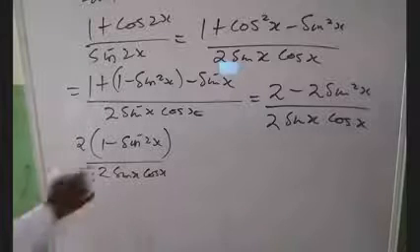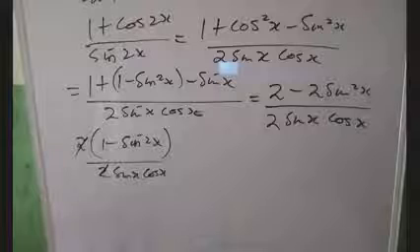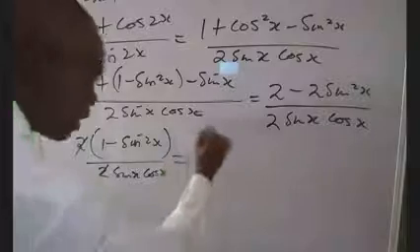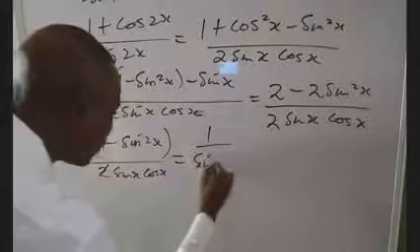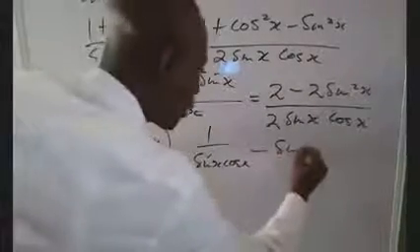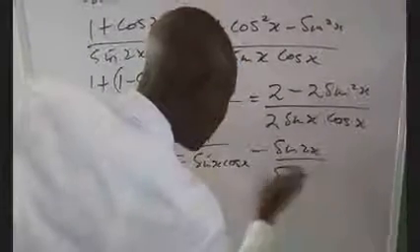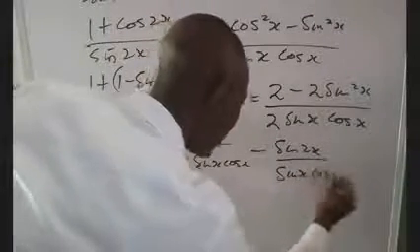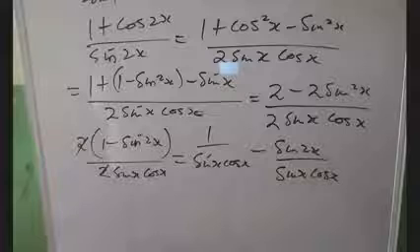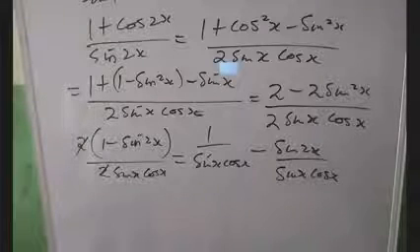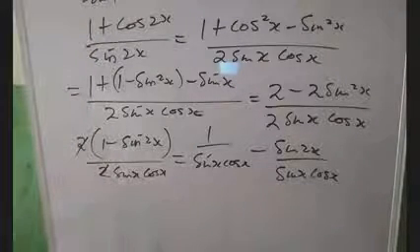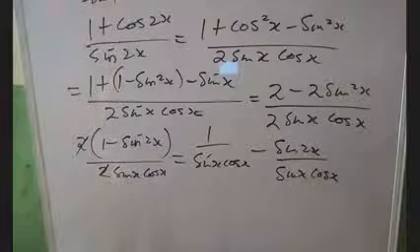So 2 can cancel 2, and then we have 1 over sine x cos x, then the other one will be minus sine square x over sine x cos x. By simplification, 1 over sine x cos x is the same thing as 1 over sine x and 1 over cos x. 1 over sine x is cosec x, and 1 over cos x is sec x.